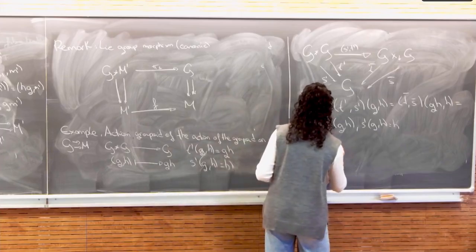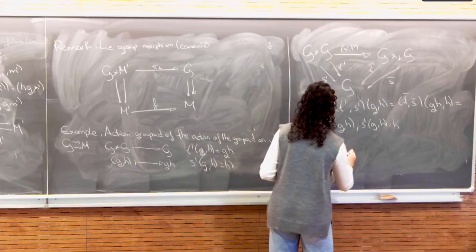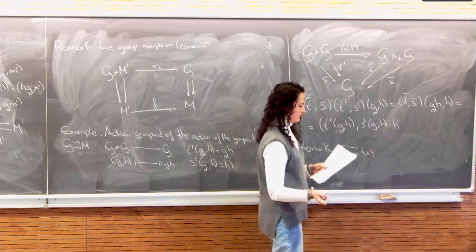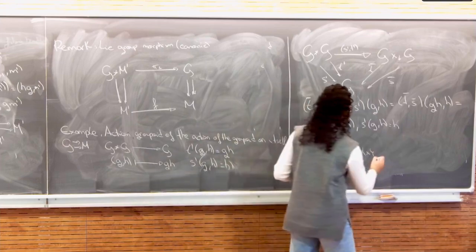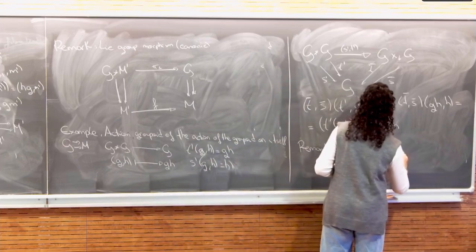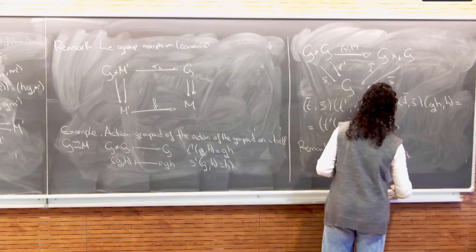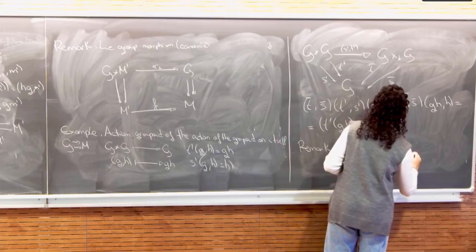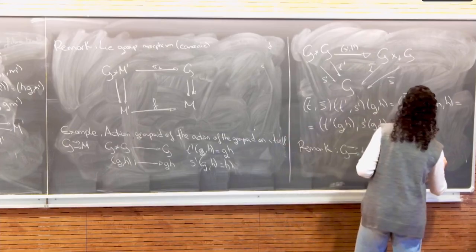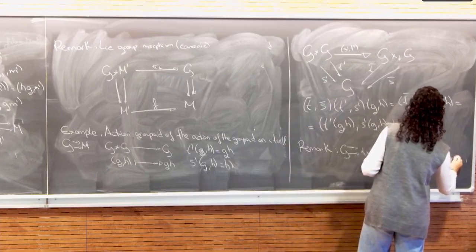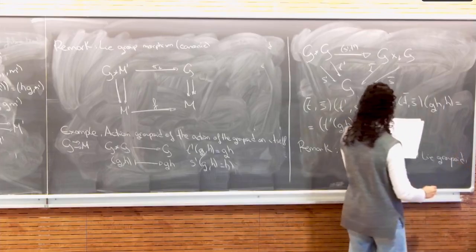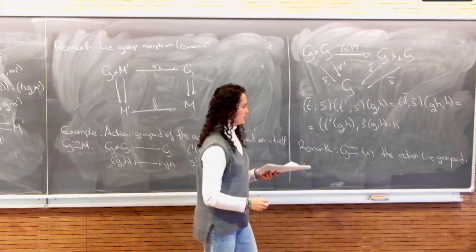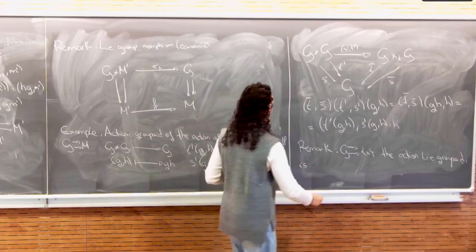For every Lie groupoid over a point, that is a Lie group, the Lie group action, or action Lie groupoid, is defined the same way, taking it over itself.